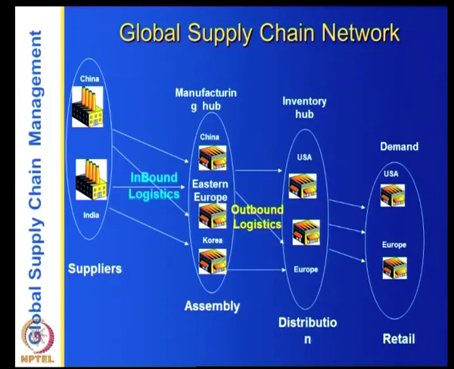In most global supply chain networks, the retail is either in Europe or in the USA, and the tail end of the supply chain, that is the suppliers, are in Asia. And there is a lot of logistics involved, because there is material movement from the suppliers to the assemblers, to the distribution centers, and to the retailers.